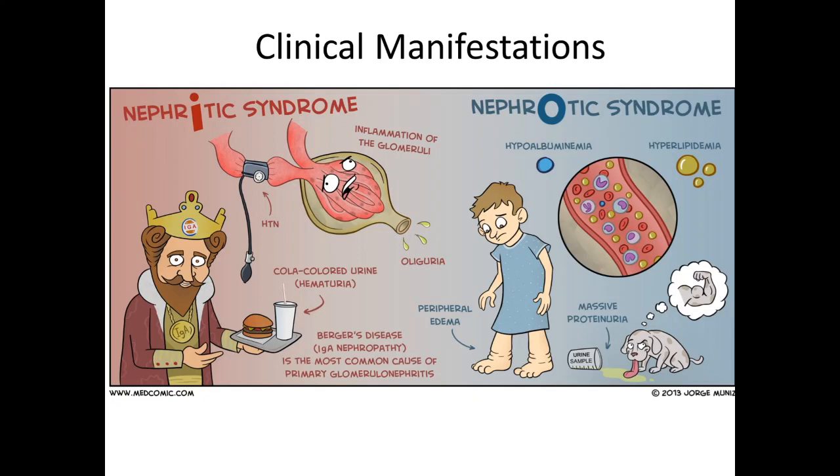Edema, which develops in nephrotic syndrome, guys, is always peripheral edema, or can develop periorbital edema. How do you think? Why periorbital edema?